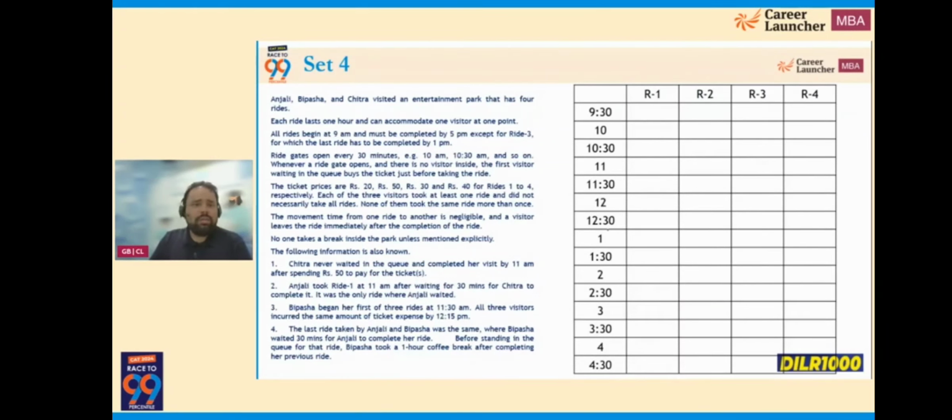All rides begin at 9 and must end at 5, except for ride 3, the last ride by 1 o'clock, that means add 1.